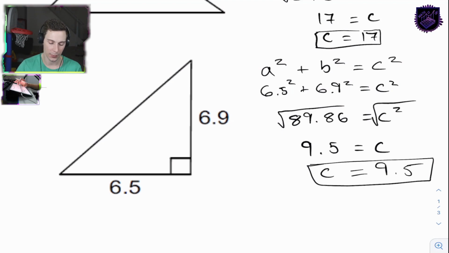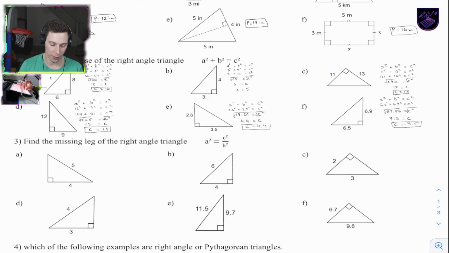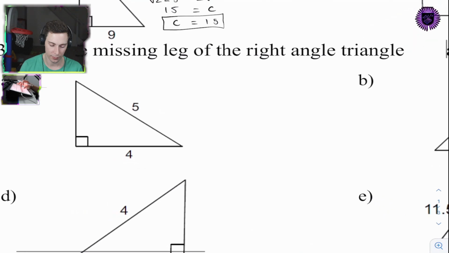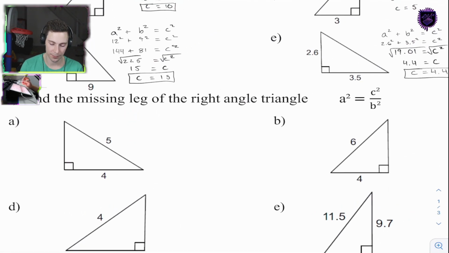Okay, let's move on to 3. So now we're given the hypotenuse, and we're given one of the legs. We could call that b squared. Let's call it b squared.